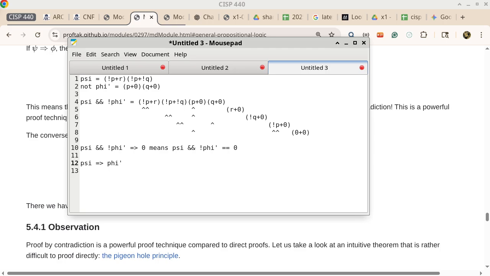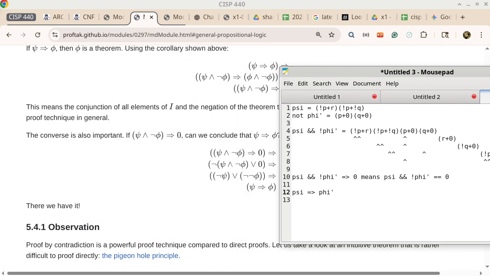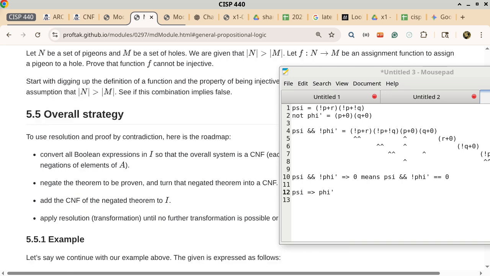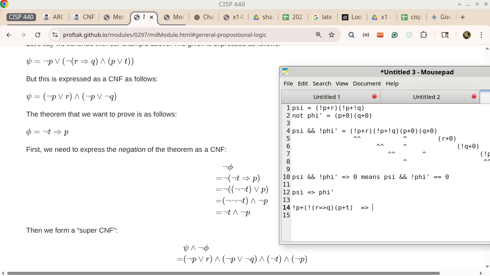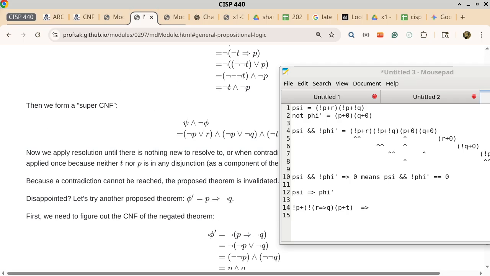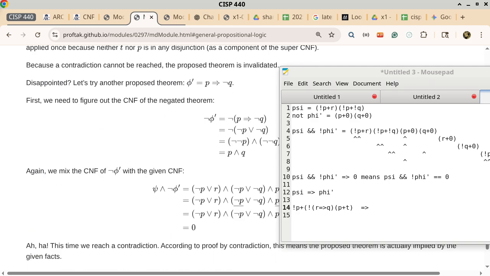So plugging everything back in. Let me go back and plug everything back in so that you can see the entire context. This is our original psi. Let me just write it out here. The original psi is not P, or not R implies Q, and P or T. This is the entire psi. This actually implies phi prime, and the phi prime example is right here.